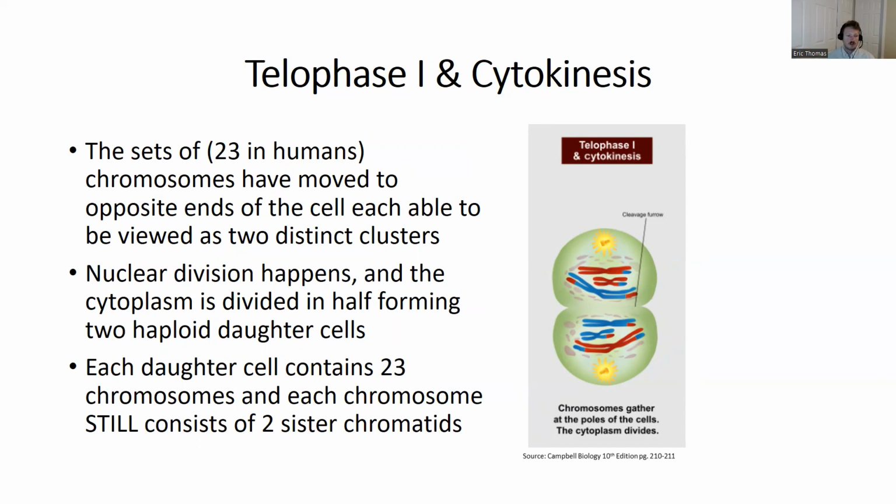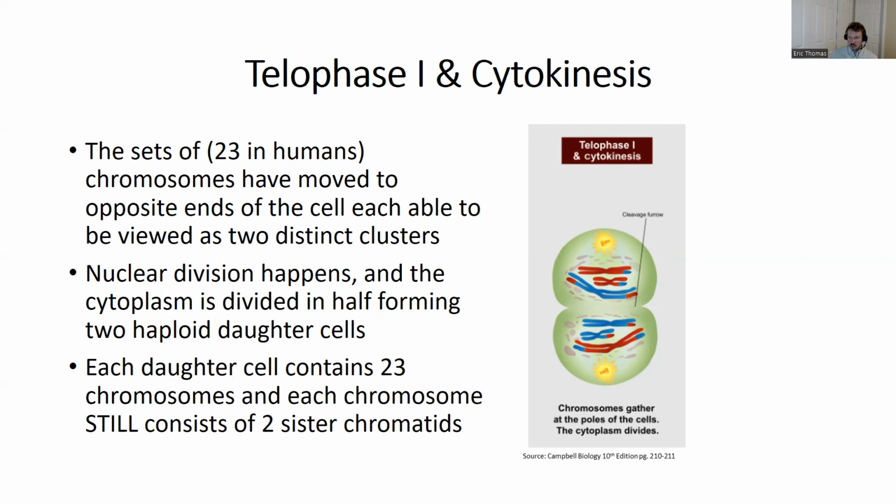Broadly speaking, nuclear division happens, the cytoplasm divides, and the end result is two daughter cells, each with a set of 23 chromosomes. But again, there are still two sister chromatids on each of those chromosomes. So we've got two cells, 23 each, but we still have sister chromatids in them. So the process of meiosis is not complete yet.